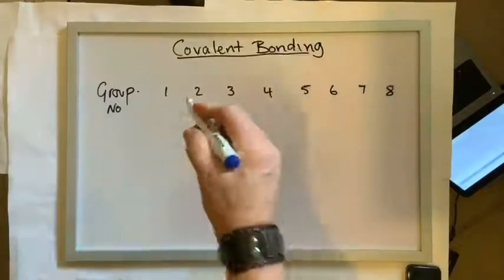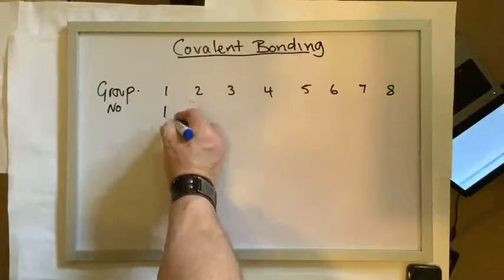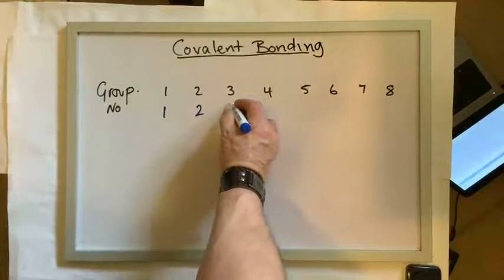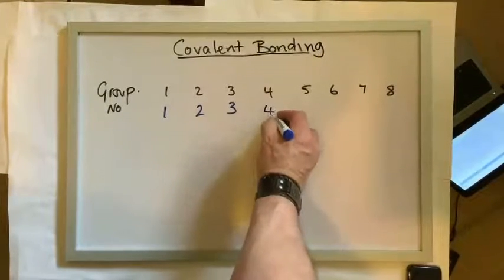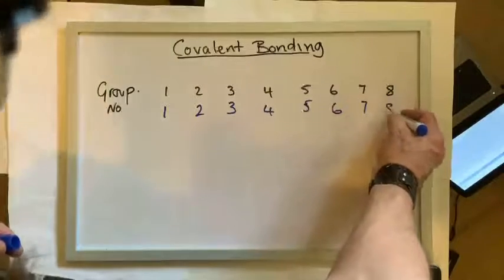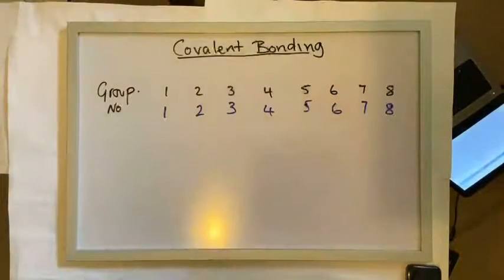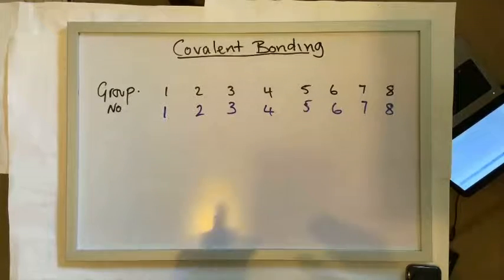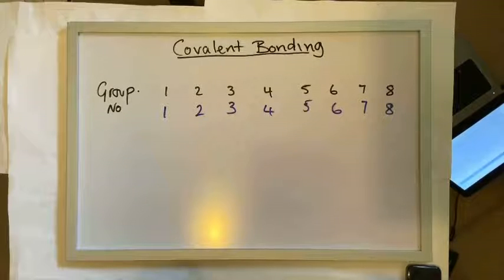So group 1 has 1, group 2 has 2, group 3 has 3, and so on up to 8. Common sense.